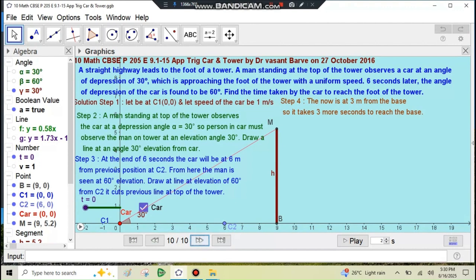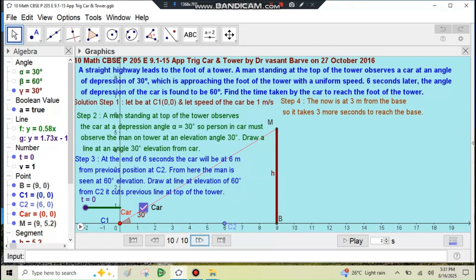So we have located this point C2 when angle of elevation is 60 degrees, or we can say that we have got this by angle of depression of 60 degrees. Right. So draw a line at elevation 60 degrees from C2, it cuts the previous line at the top of the tower. I have not drawn that as yet.